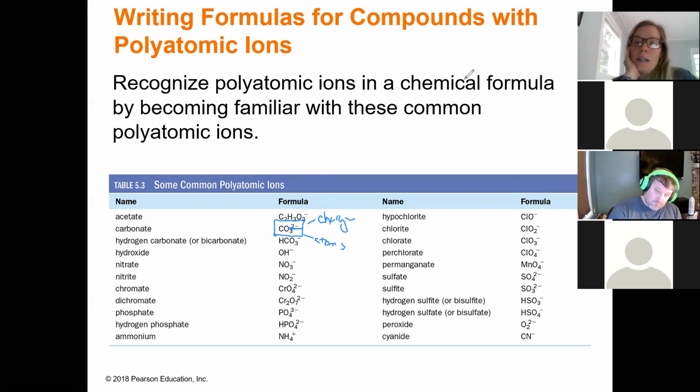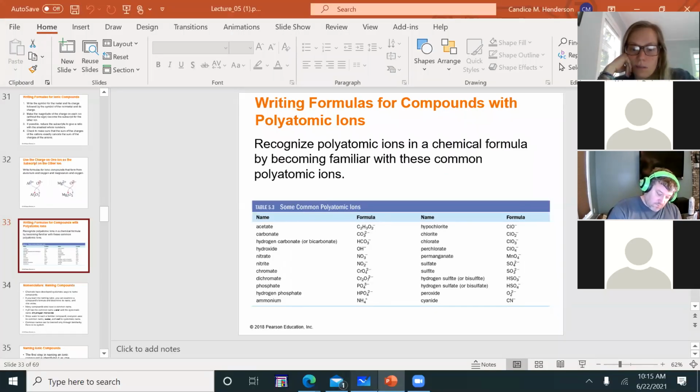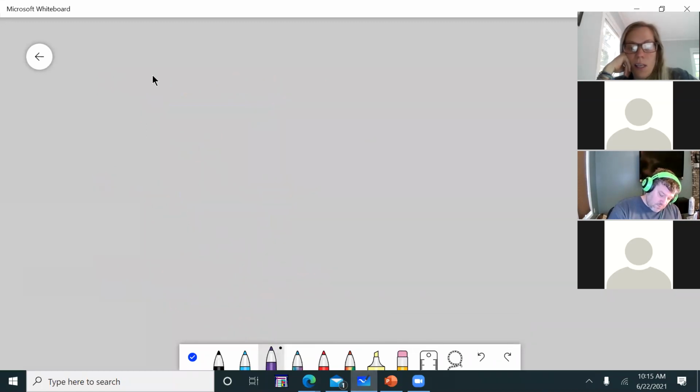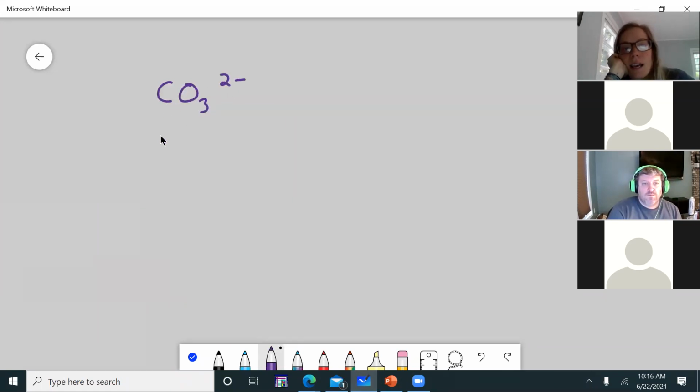So when looking at carbonate, I'm just going to write it over here. If we're dealing with carbonate, it is always CO3 with a 2- charge. This tells me that I have 1 carbon, I have 3 oxygens, and this whole thing combined together has a 2- charge.